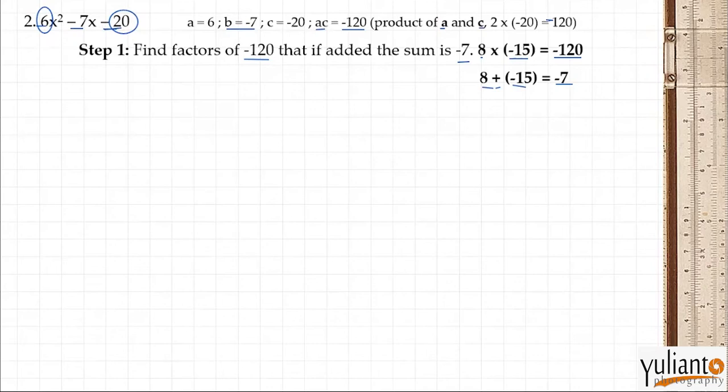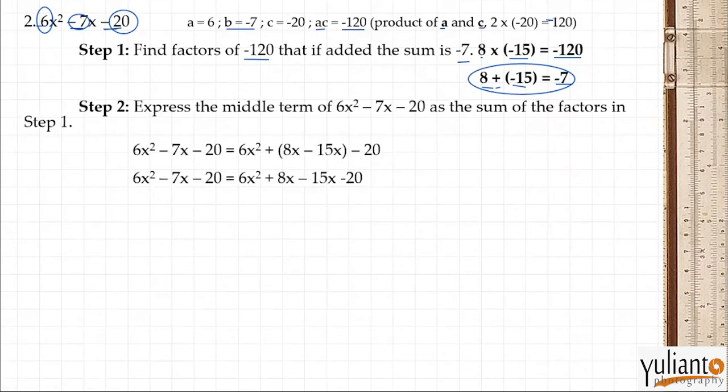We will add them to get letter b, which is the middle term. Our middle term here is negative 7. That's why we have here 8 plus negative 15. The answer is negative 7. All right, next let's have step 2. Step 2, express the middle term of 6x squared minus 7x minus 20 using the factors from step 1.